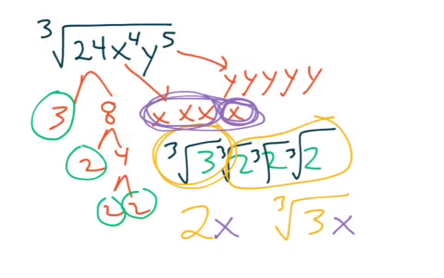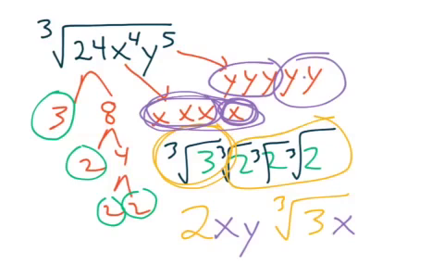Now let's do the y's. I could take those 3 y's and make a regular y, because again, remember with cube roots, I need 3, not 2, but 3 of the same to make a regular number or variable out of it. What do I do with the extra 2 y's there? Well, times them together, and I know I have y squared still in my radical.